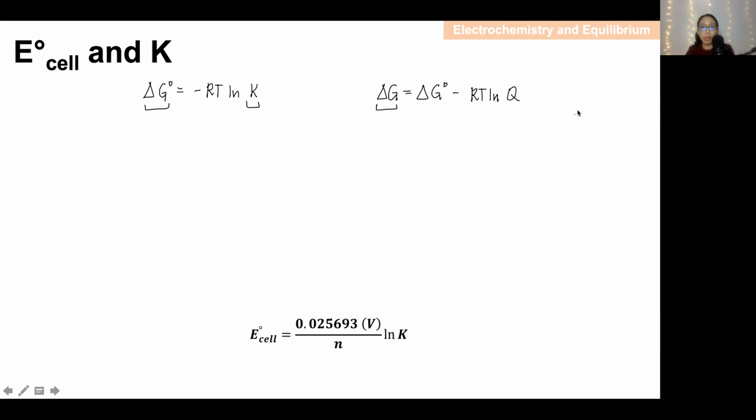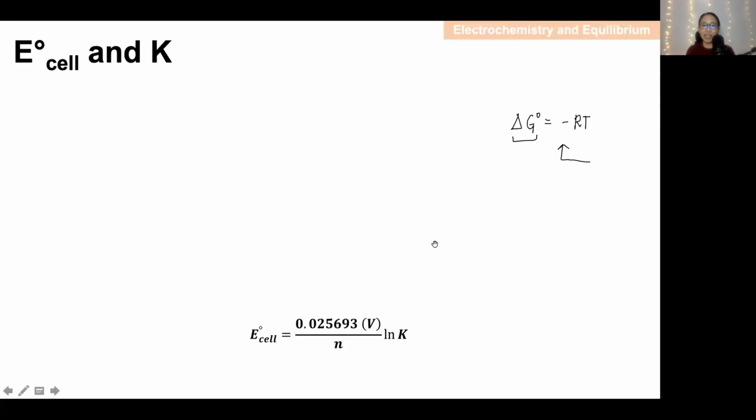You remember? If Q is greater than K, then it will shift backwards. If Q is less than K, it will shift forward. And if Q is equal to K, then you are in a state of equilibrium, which means delta G is equal to 0. And we go back to this equation. This should be plus. Delta G equals delta G naught plus RT ln Q.